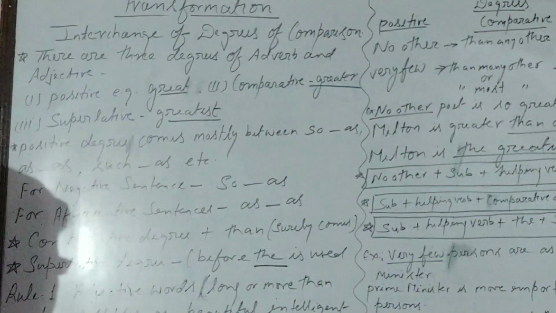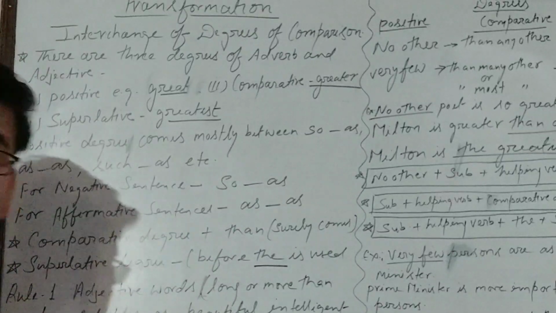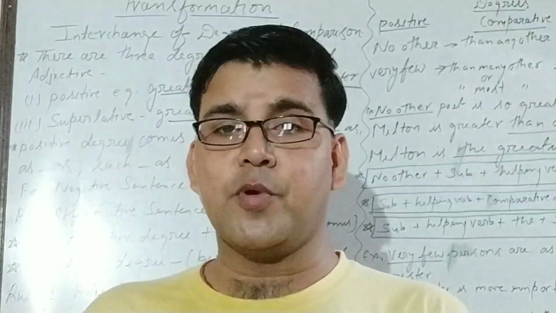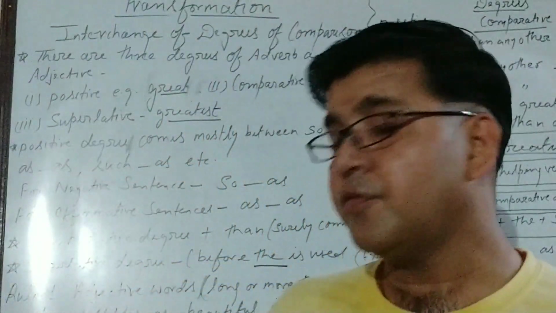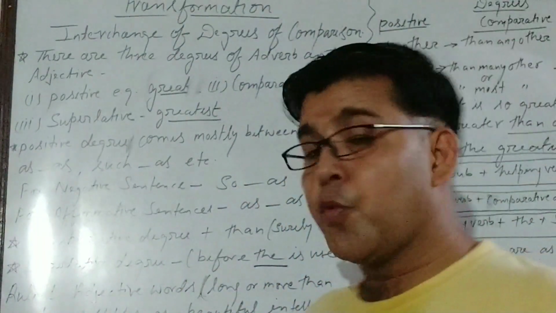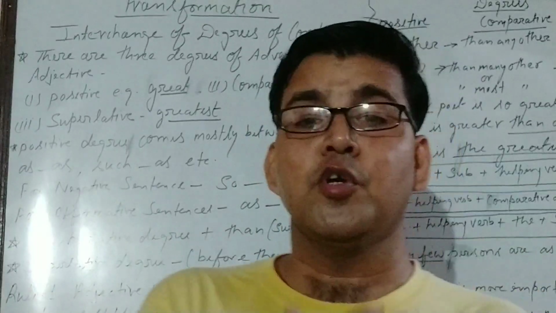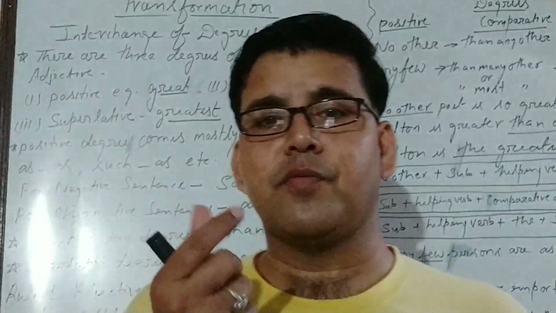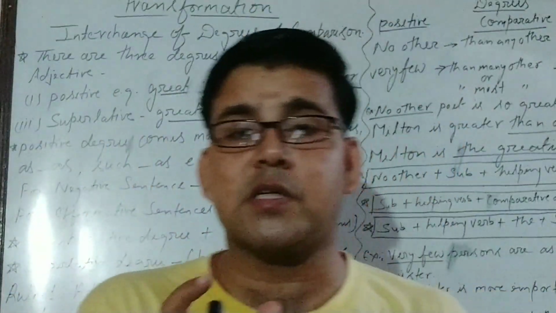Yes, so now you look at the board. Now we talk about a few important adjective words. The adjective words which are long, or which have more than 2 syllables or 2 syllables, then we have to use more and most before them to make the comparative form and the superlative form. Like beautiful. Beautiful is the first form of adjective. This is called positive form.